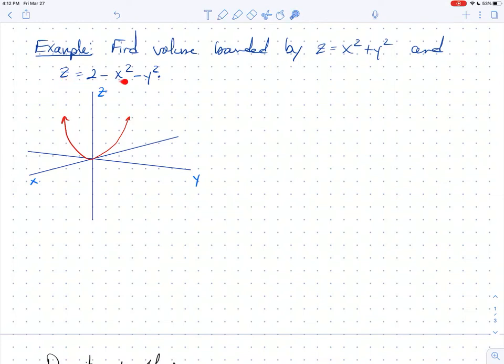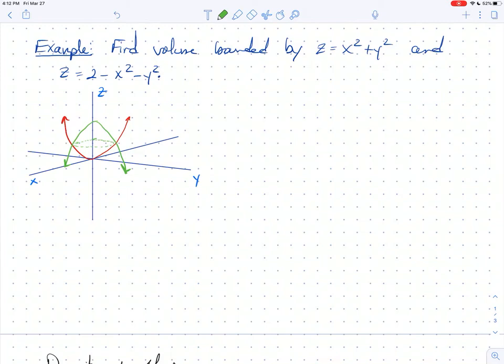The second surface is a paraboloid shifted up 2 and then opening down. We'll do that one in green. So the solid that we're looking for is this interesting region between those two.